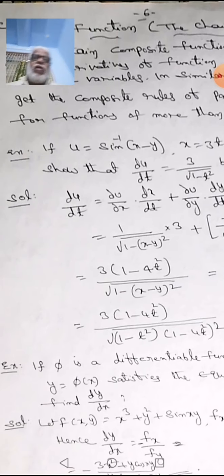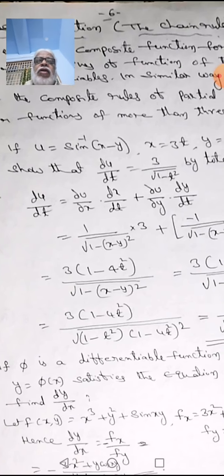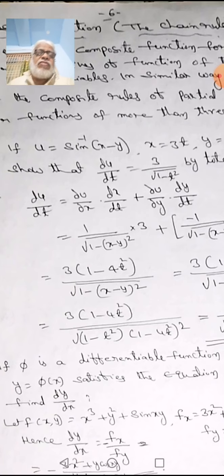You see, by total differential equations, what is the formula to find du by dt? In the last problem, we verified the question by first applying the values of x, y in this equation, and finally directly we write the du by dt.